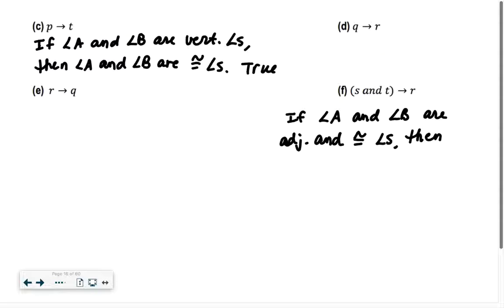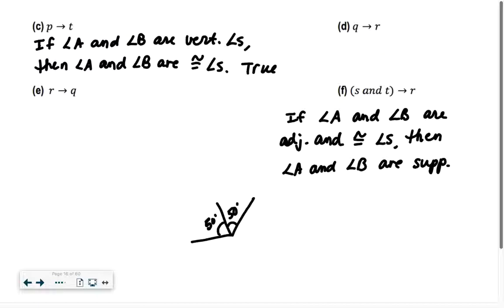A and B are supplementary. Okay, so if they're next to each other and they're congruent, do they have to be supplementary? So this would be like adjacent angles. What if they're both congruent? So what if I had 50 and 50? They're not supplementary. They could be, but not necessarily, so we put false.